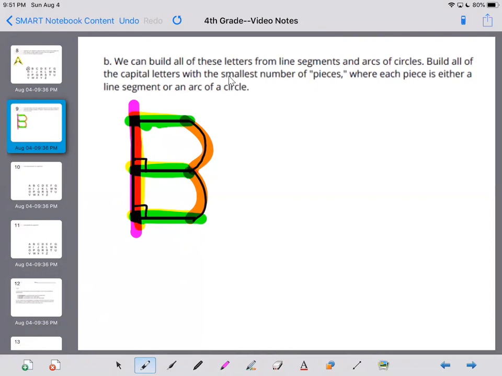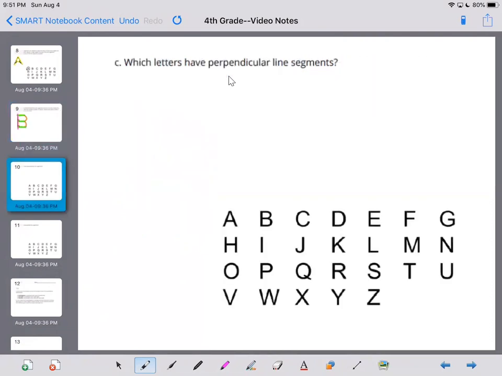So part C says which letters have perpendicular line segments. So when we get to part C, we're thinking perpendicular line segments.